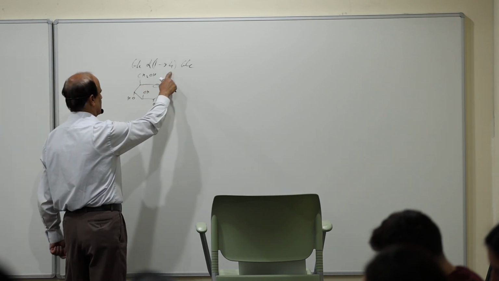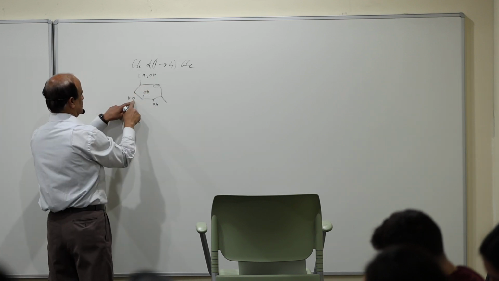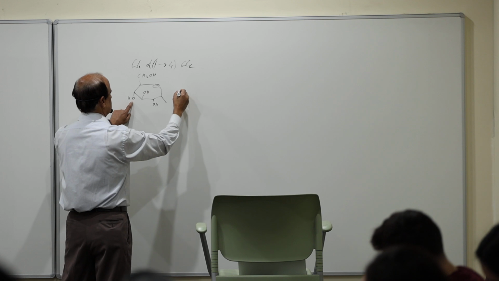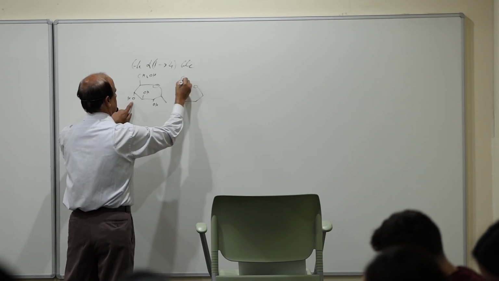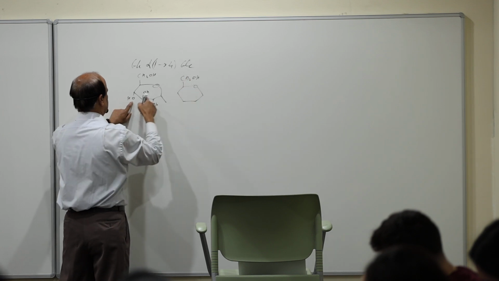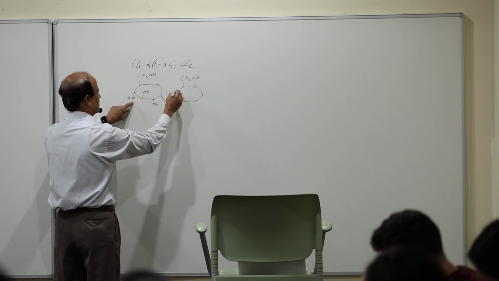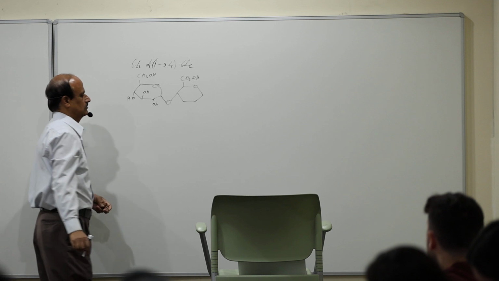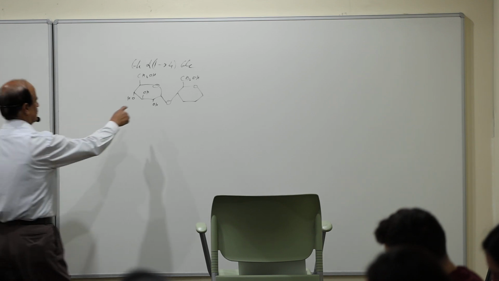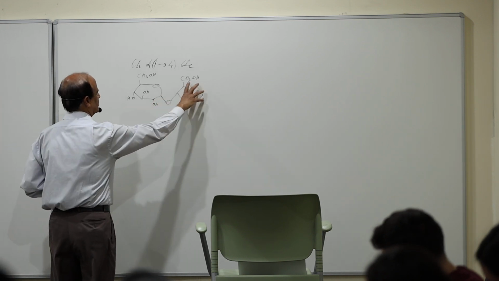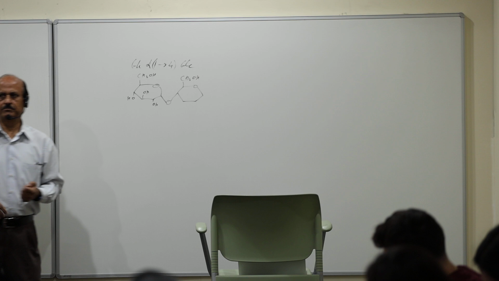And it is going to carbon 4 of another glucose, which is this carbon. So you just draw another glucose here. And the fourth carbon OH is pointing down, so that means this will be pointing down. So this will be the alpha 1,4 glucose. If it was beta, then this oxygen will be pointing up, and this whole ring will be above.